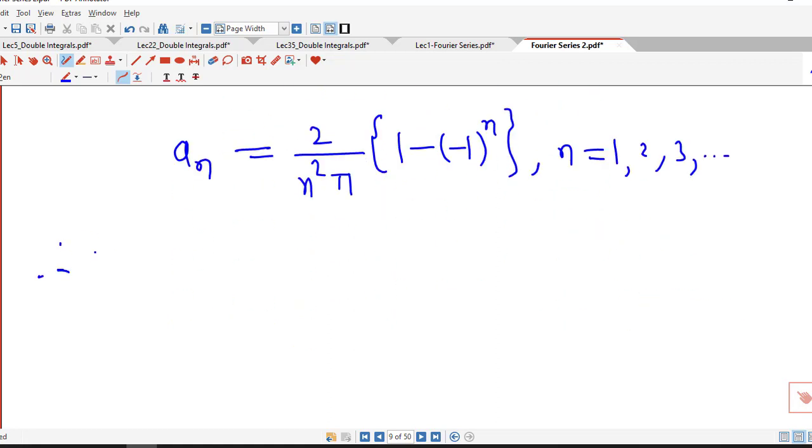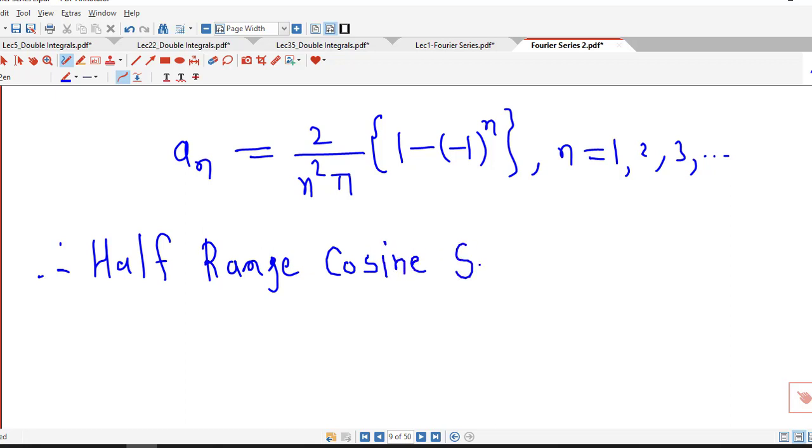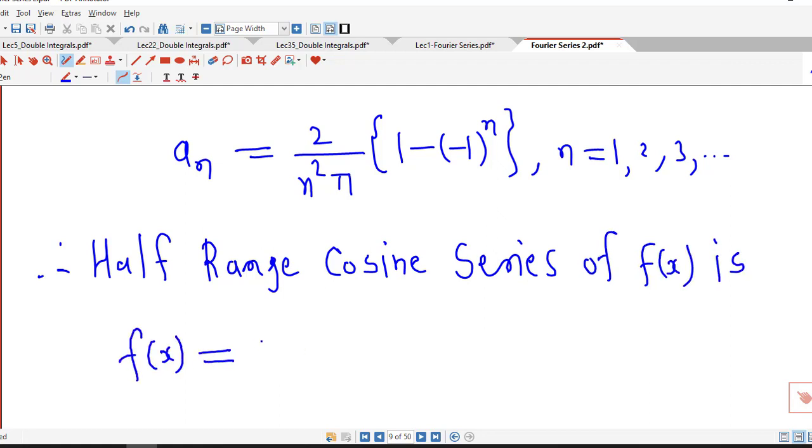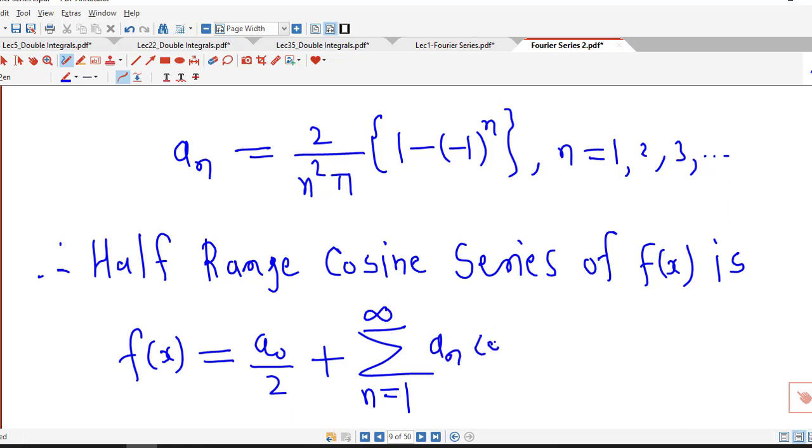So once we have a0 and an, we can write the half range cosine series or Fourier series. The half range cosine series of f(x) is equal to a0 by 2 plus sigma n equal to 1 to infinity an cos(n pi x by L).